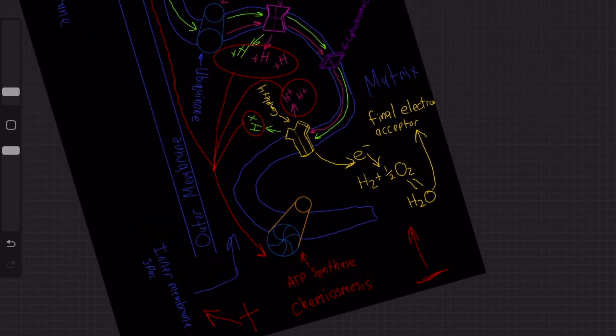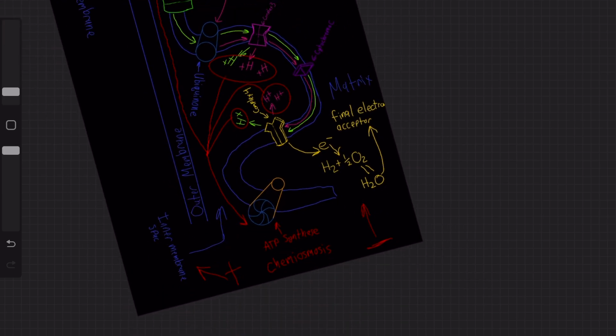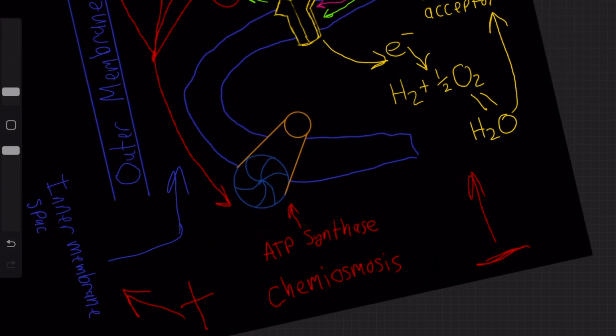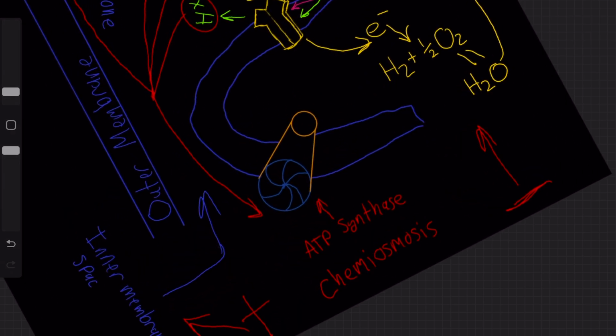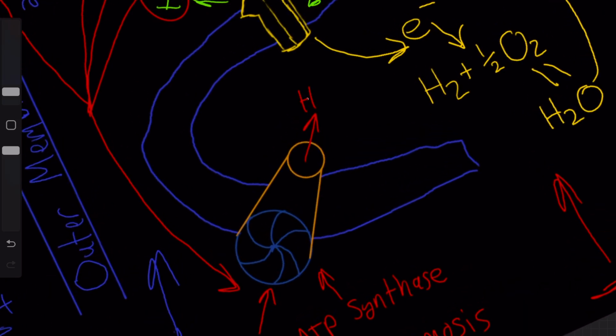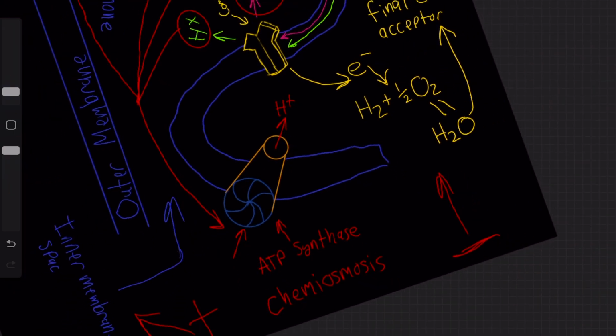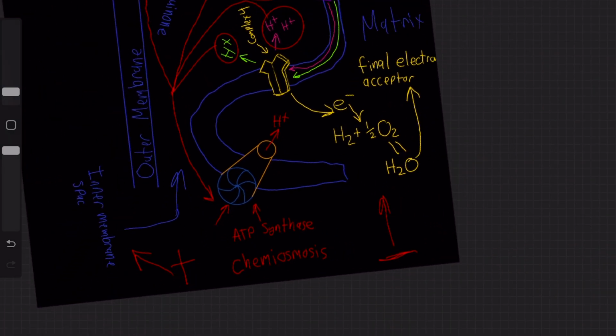The hydrogen ions create a battery inside the inner membrane space. Now we have to use that battery to power the ATP synthase. The hydrogen ions will be forced down through ATP synthase to turn it on.